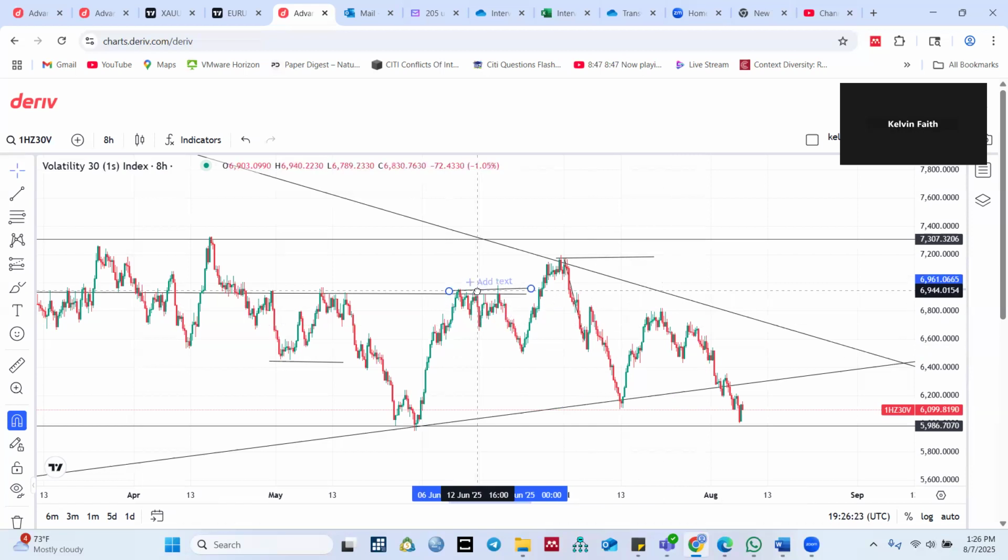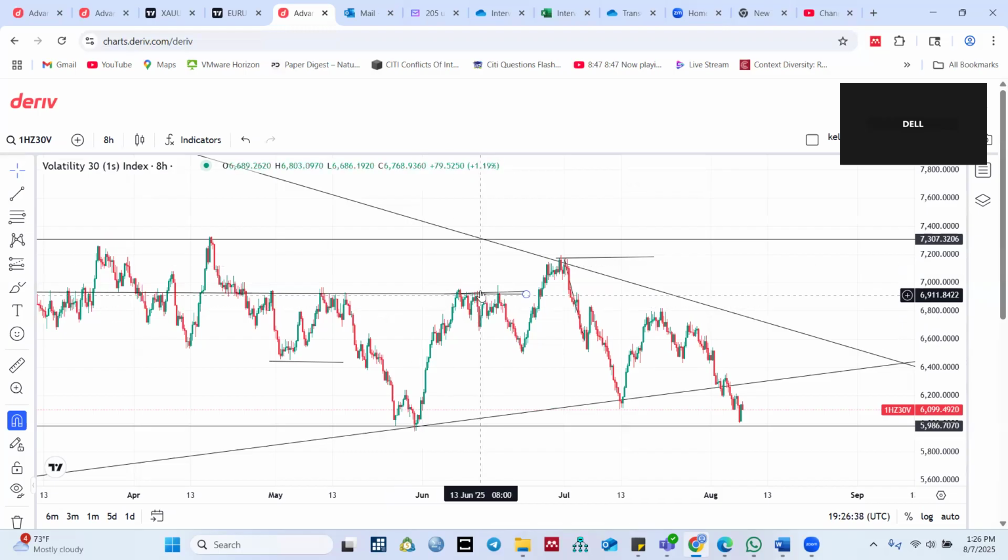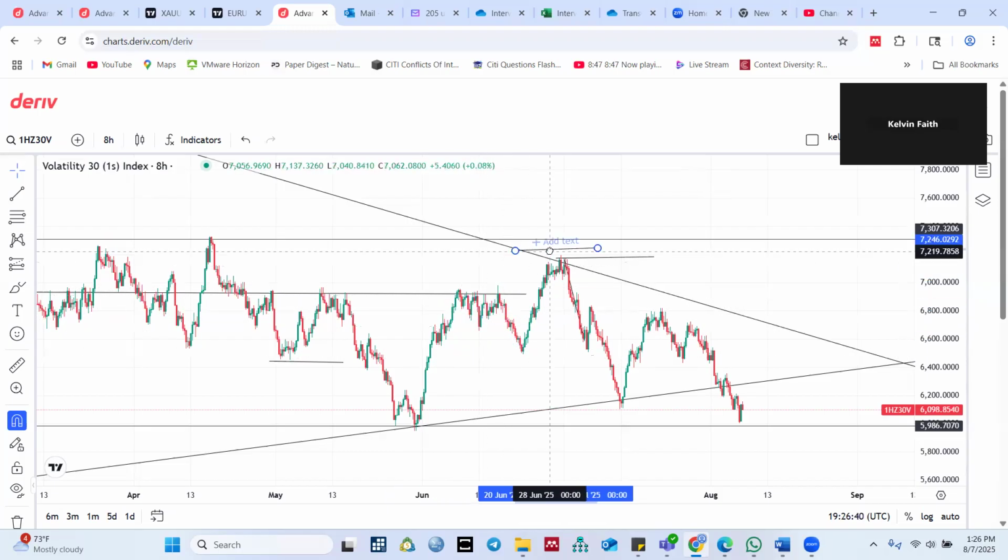As we want to sell from that area, we are targeting the range to enter our sell. And this buy that happened after the little sell took us out of the market.